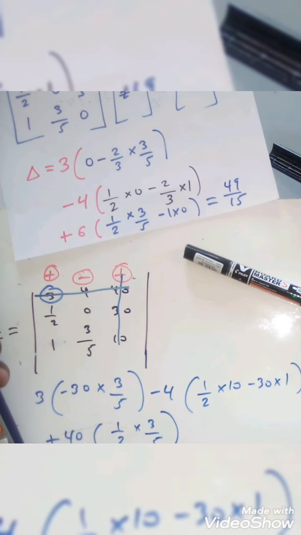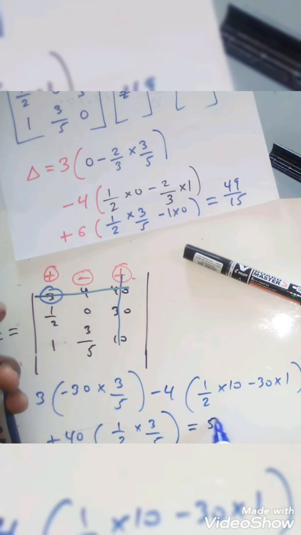No need to use mental mathematics here. 3 over 5 minus 4, 1 over 2 times 10 minus 30 plus 40, 1 over 2 times 3 over 5. If you do that, you're going to get 58 as your answer. So delta Z is equal to 58.